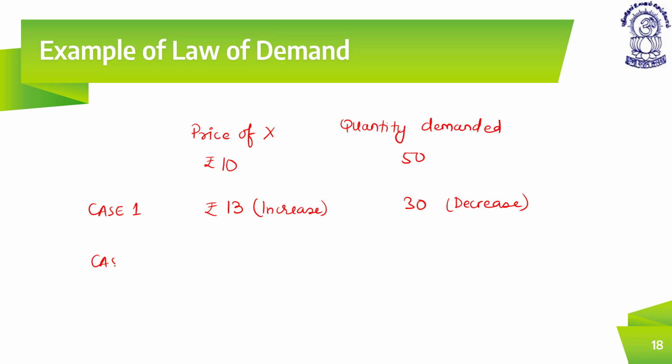Now see case 2. The price of the product is 10 rupees, but now the price of the product came to 8 rupees. There's a fall in the price. Because the price of the product has gone down, there would be a considerable increase in quantity, like say from 50 to 60.